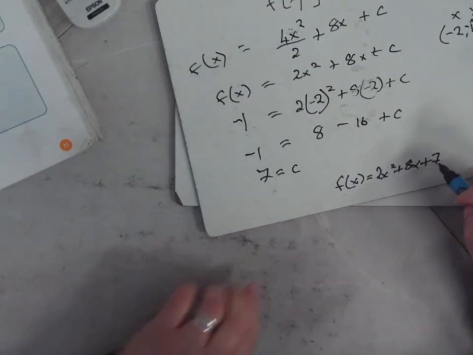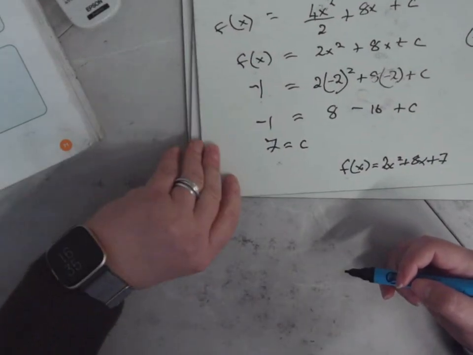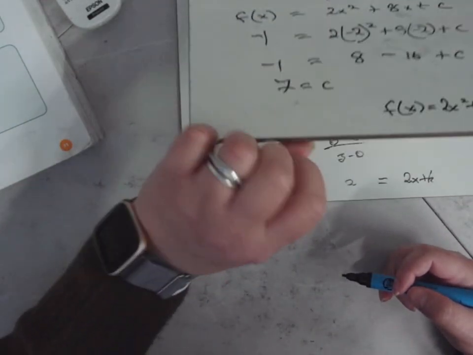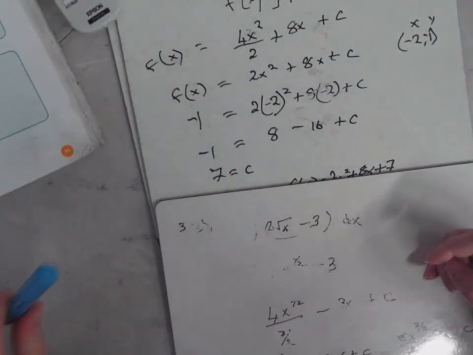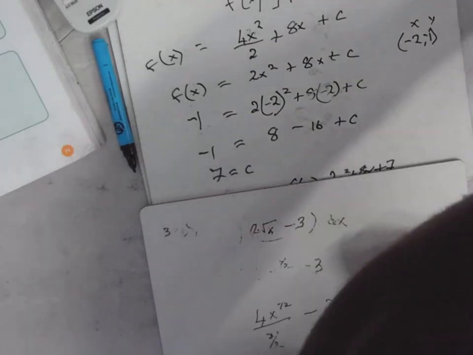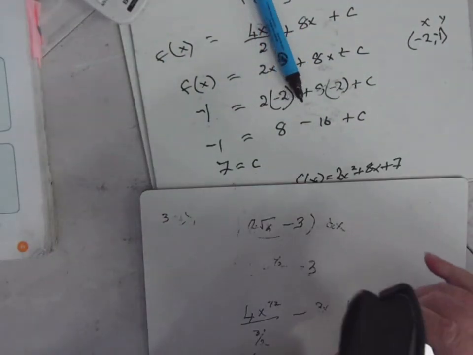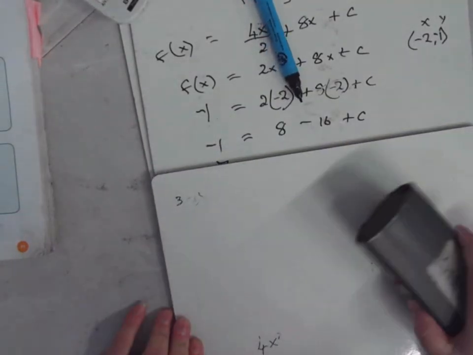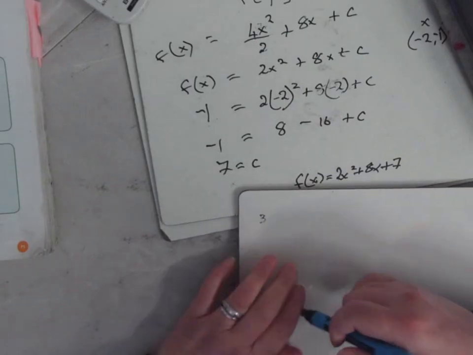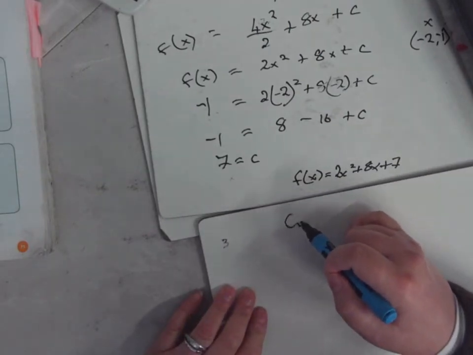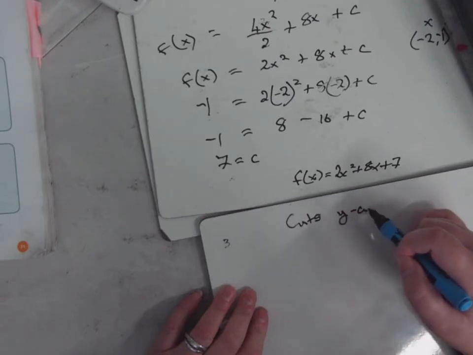And the question is, where does this cut the y-axis? So what's the rule? Cuts the y-axis, x equals 0. I've no clean board, sorry. Wait, I'll find a duster. So you write down: cuts y-axis, x is 0.